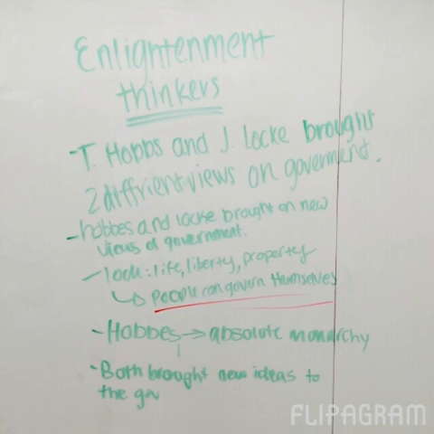Enlightenment Thinkers. We spent a lot of time on Enlightenment Thinkers, and here it says about Thomas Hobbes, Locke, differentiated two different views about government, and I made sure that you look at the important parts. One of them is talking about how people can govern themselves.